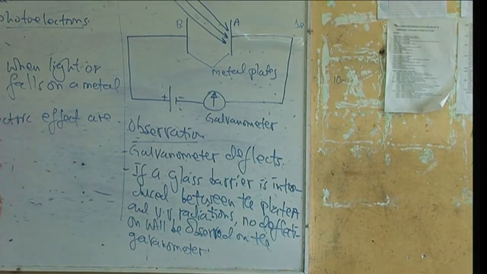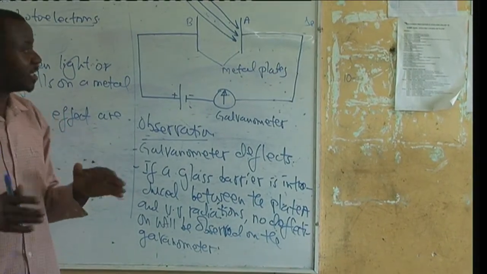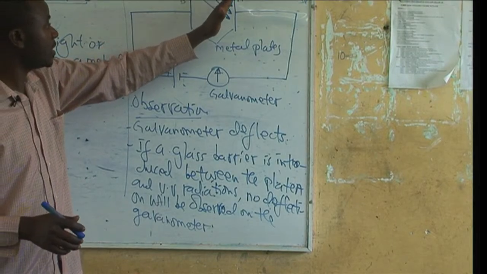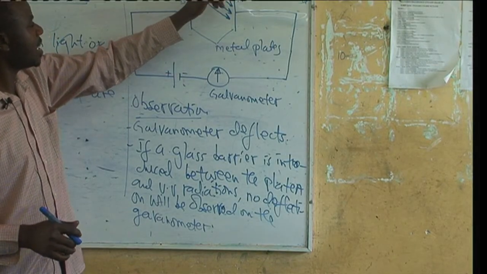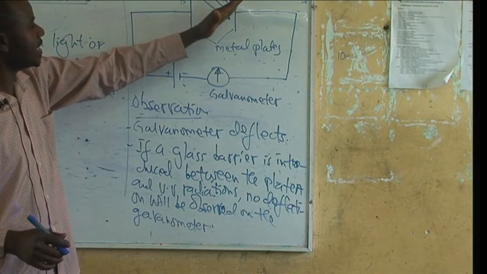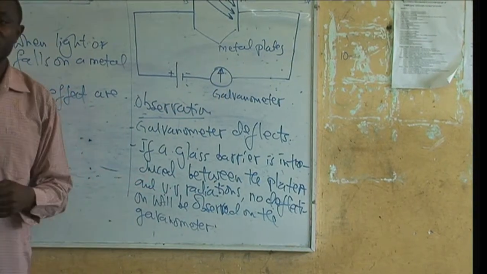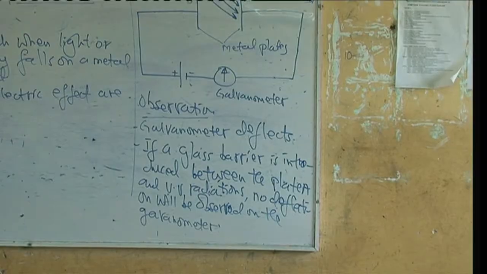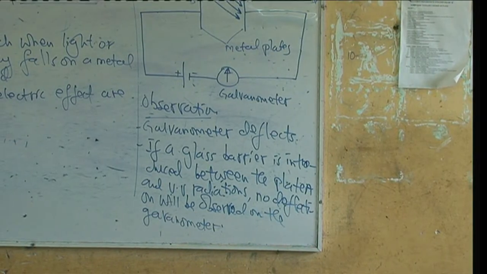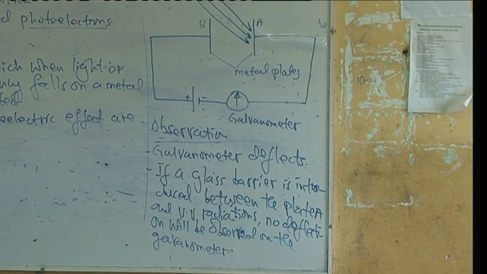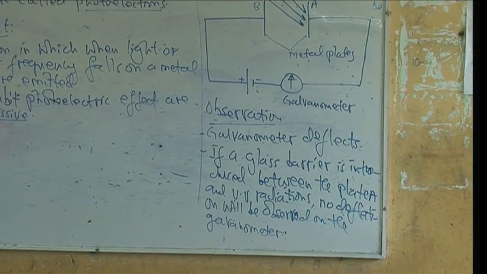Now, if we introduce a glass barrier, that's a glass plate, between the UV radiation and plate A, the glass plate will block the radiation, so no current will be flowing here, hence no deflection on the galvanometer. That is what you need to understand as far as demonstrating the photoelectric effect using the neutral plates.